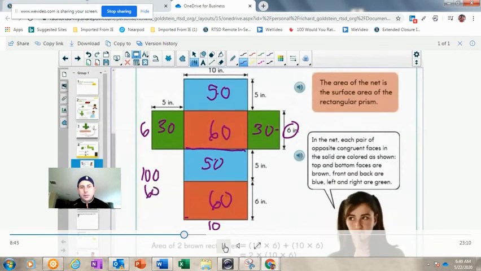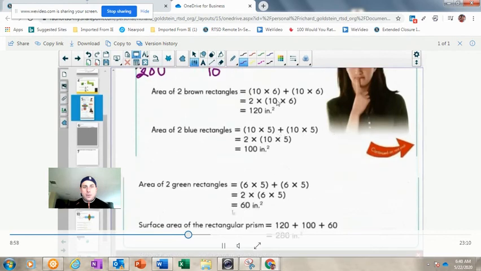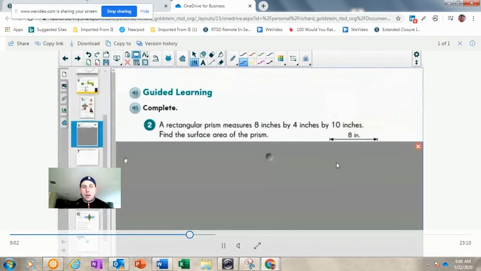So 2 groups of 60. And then the area of the 2 greens would be 2 groups of 30. The area of the 2 blues would be 2 groups of 50. So then you get those totals: 100 for the blue, 60 for the green, and for the red area, and you add them together, and you get the total area for the whole prism.